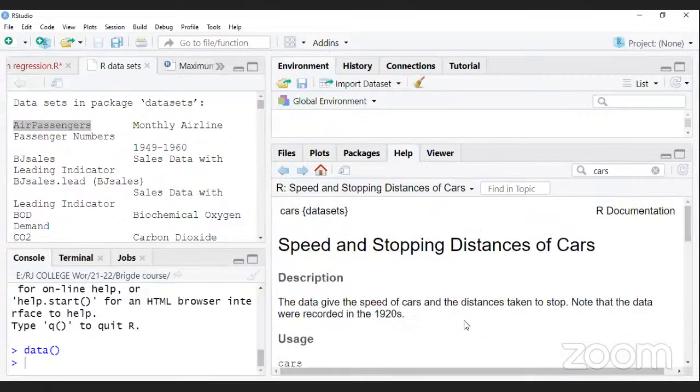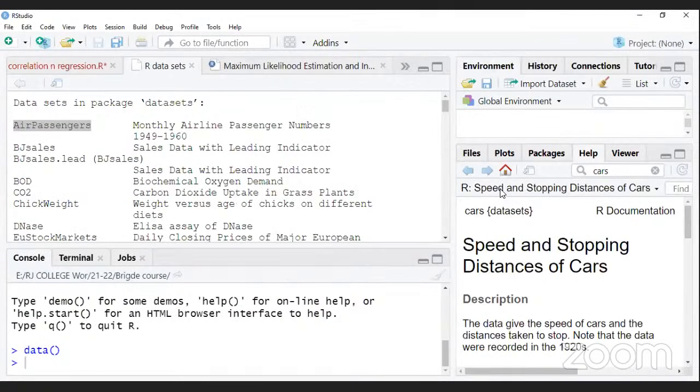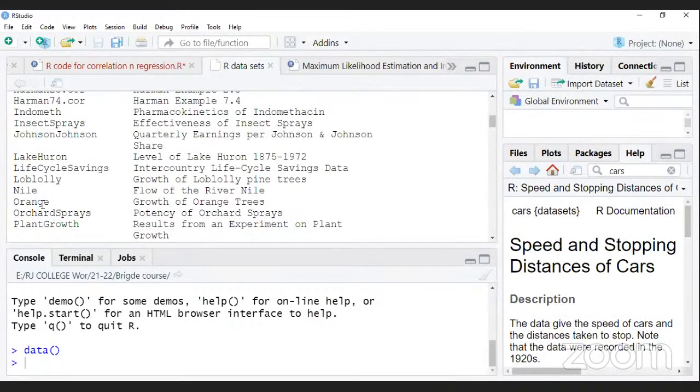So this is the way you can explore more about your data set. That is a very important task, because when you use any of these data sets, there are plenty of useful data, and they did several analyses using those data sets.